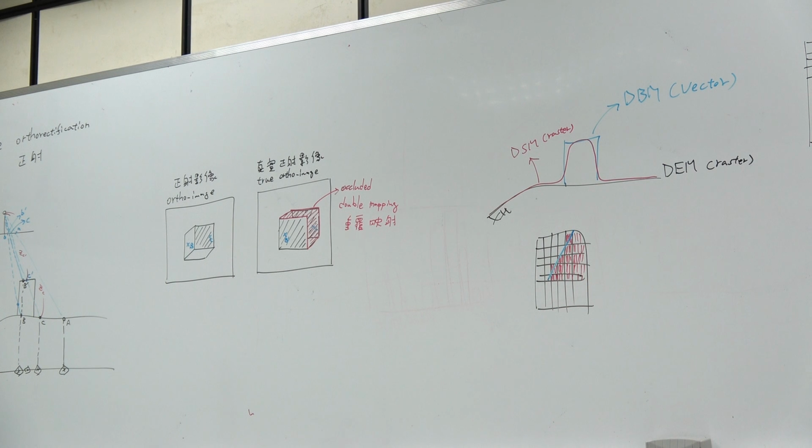DBM. How to know the DBM? DBM has two possible sources. One is from the design. When you are doing the construction to build this building, you should have the design. For example, when the architect is designing this building, they should have that originally. And the other is government data that has this type of information.